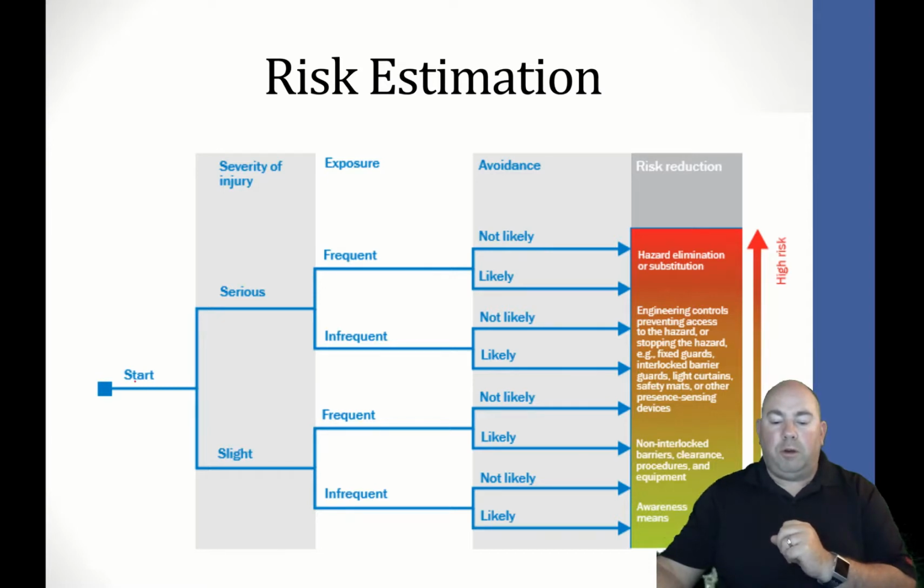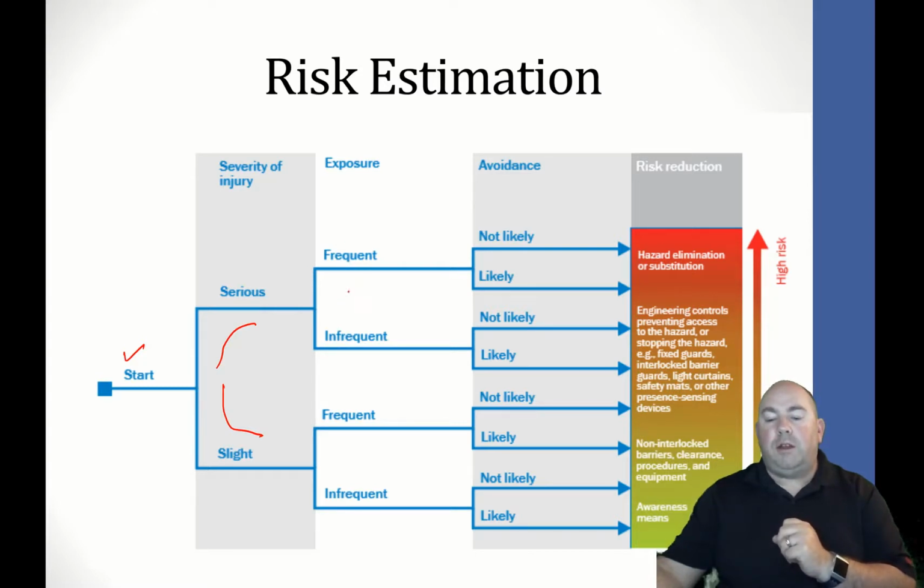So for example, we're going to start over here, and we're going to determine first off, is the severity of injury from this hazard and risk, is it serious or slight? And then depending on which way we go, we'll determine next the frequency of exposure to that hazard. Is it frequent or infrequent?